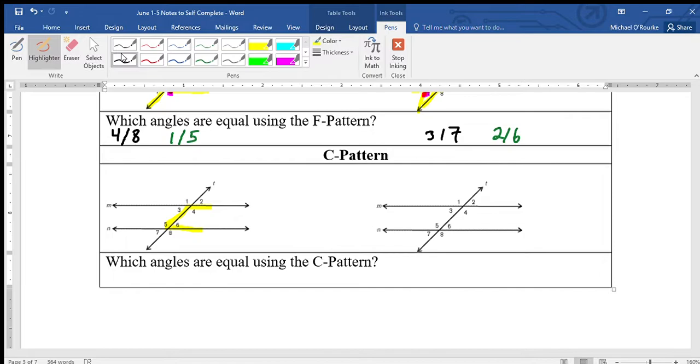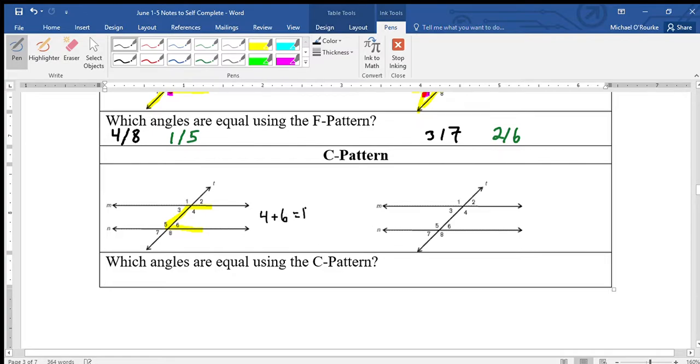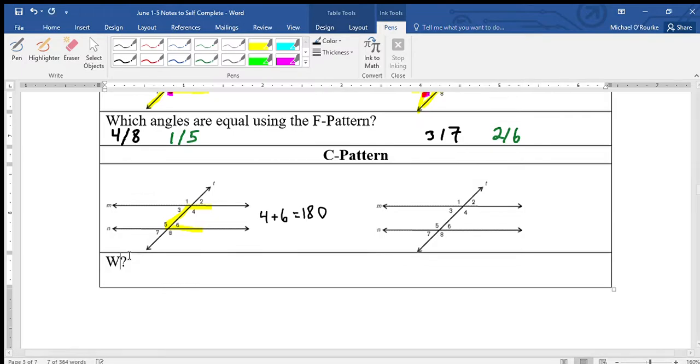So that means 4 plus 6 equals 180. Okay, I'm going to stop editing it here. Go back here because I wrote this wrong. So which two angles equal 180 degrees?